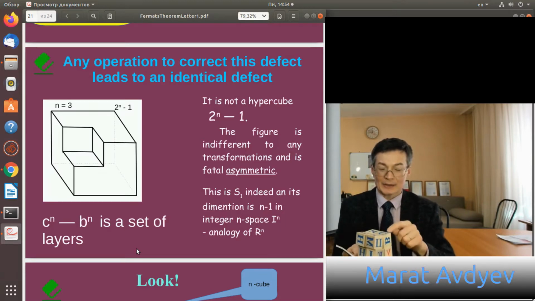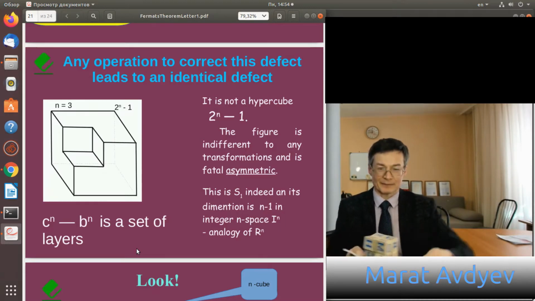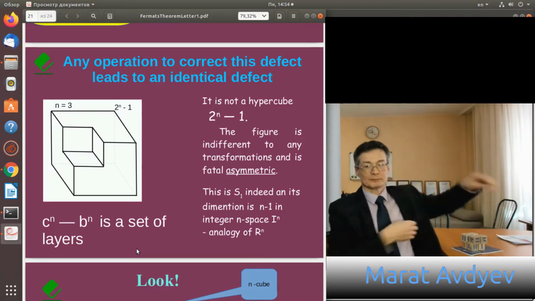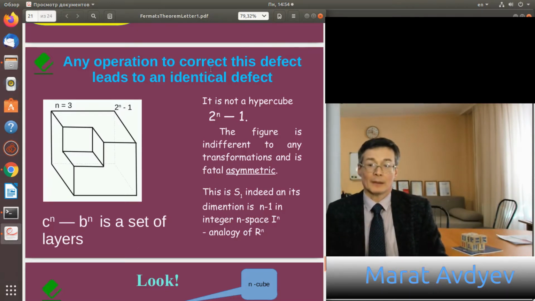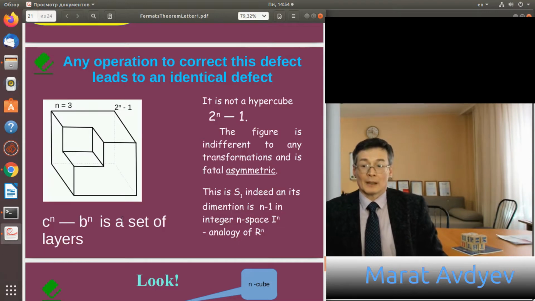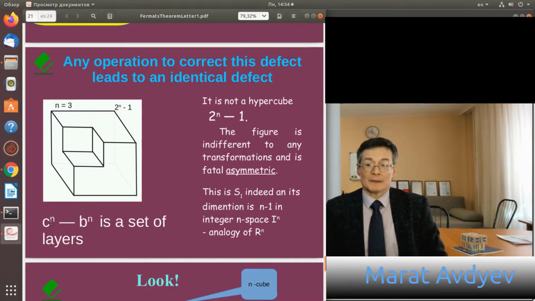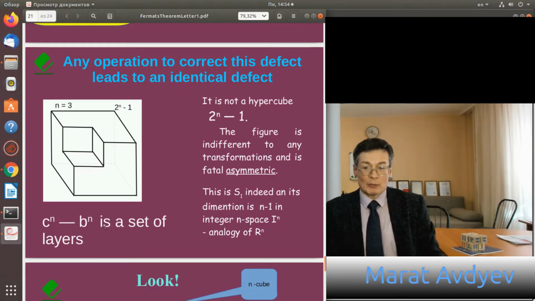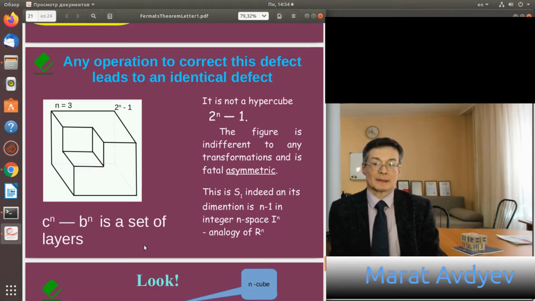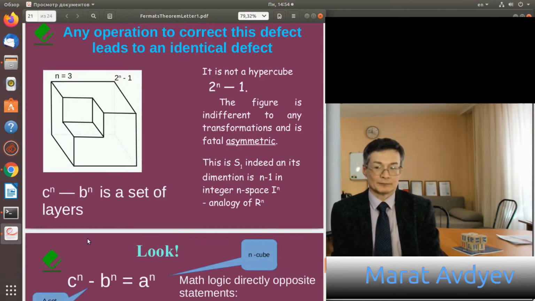This is the 2 power 3 cube. So the expression c power n minus b power n is a set of layers, but not a cube.